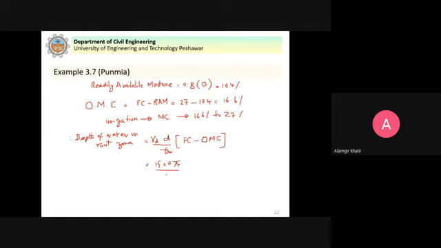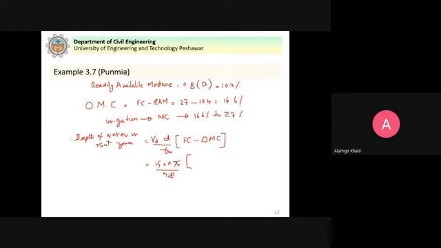Unit weight of water is 9.81 kilonewton per cubic meter. We have this field capacity here, so it is in percentage.